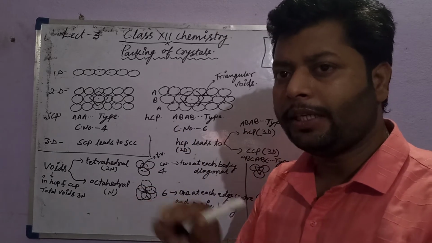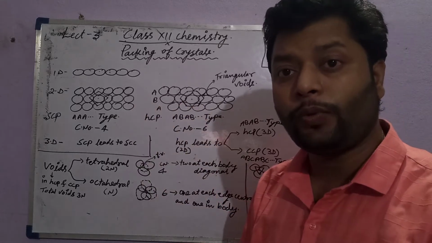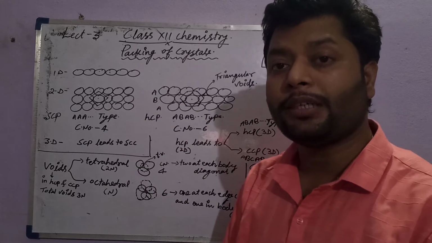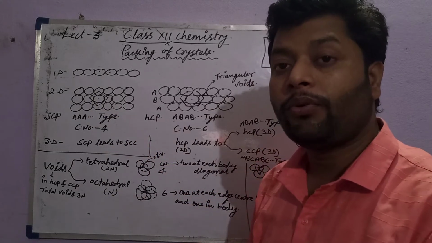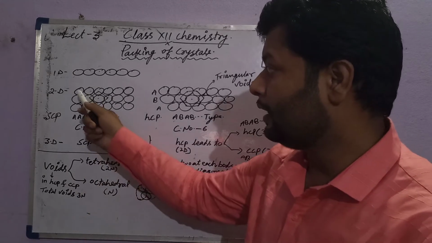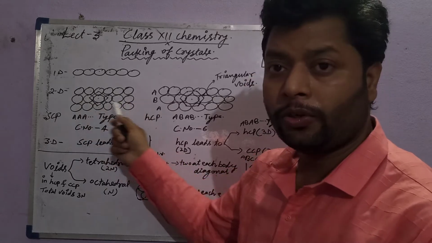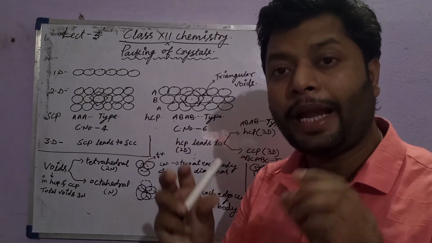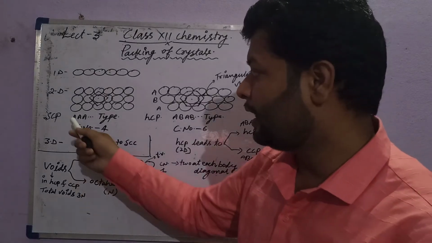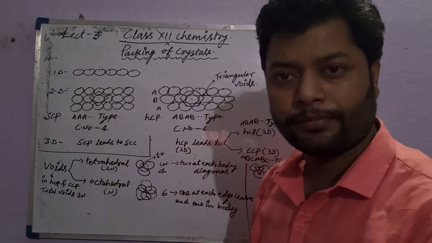In two dimensions, the structure looks like a square having a coordination number of 4, where the center particle is attached with four different particles. The first row, second row, third row, and all the rows are aligned the same. That is called AAA type.